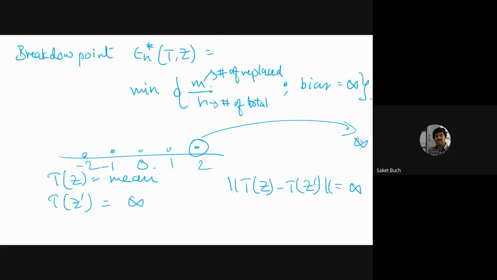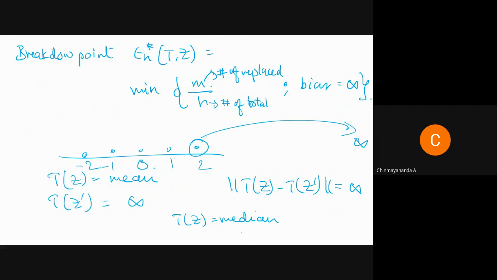Now you see that if your estimator was that of a median, by just replacing any one point by infinity or minus infinity, the median will more or less remain the same. It will shift slightly.